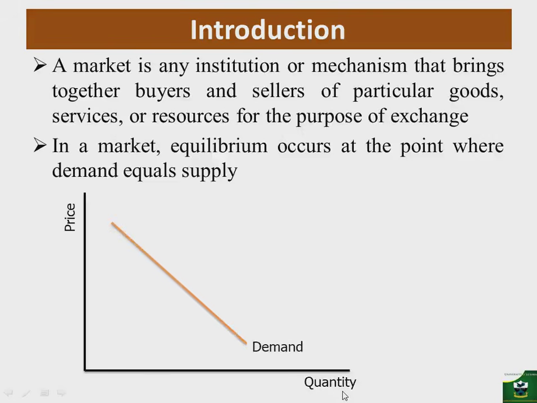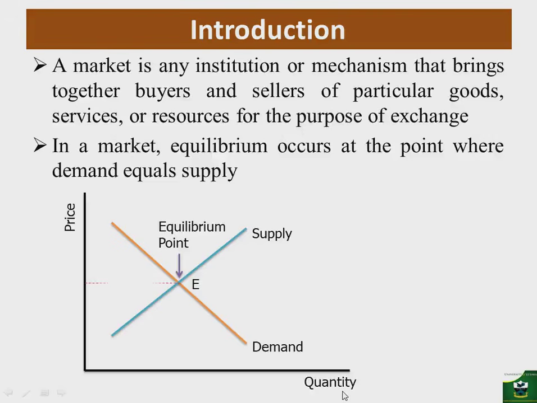With the demand, which we showed earlier, being downward sloping and the supply curve being upward sloping, we have our point E, which is the equilibrium point. This is a point where the demand is equal to the supply.